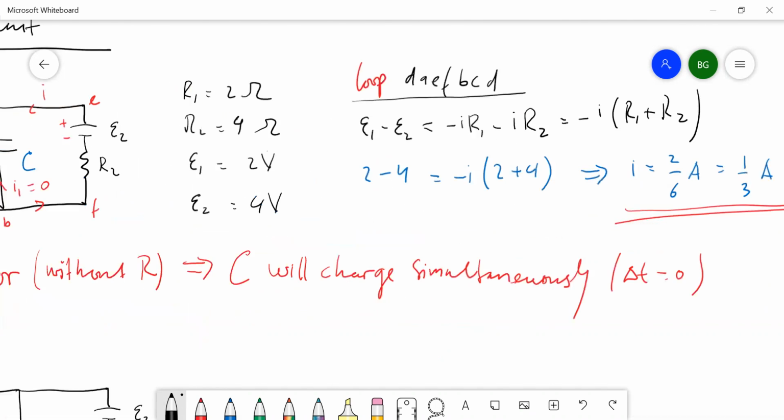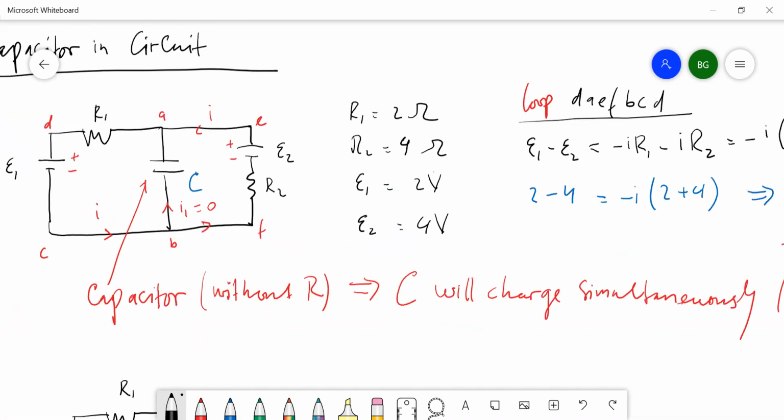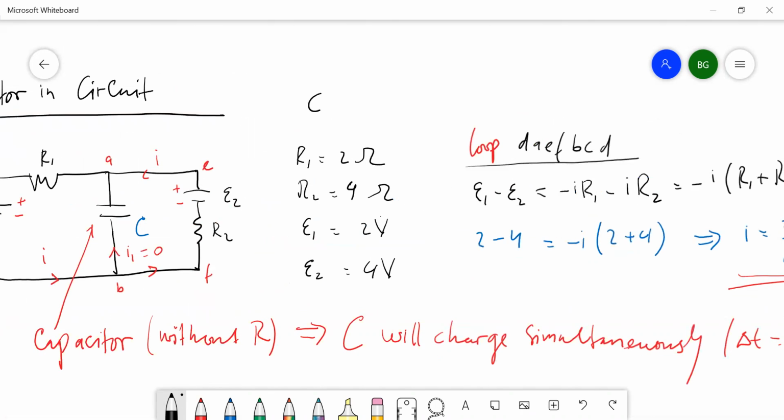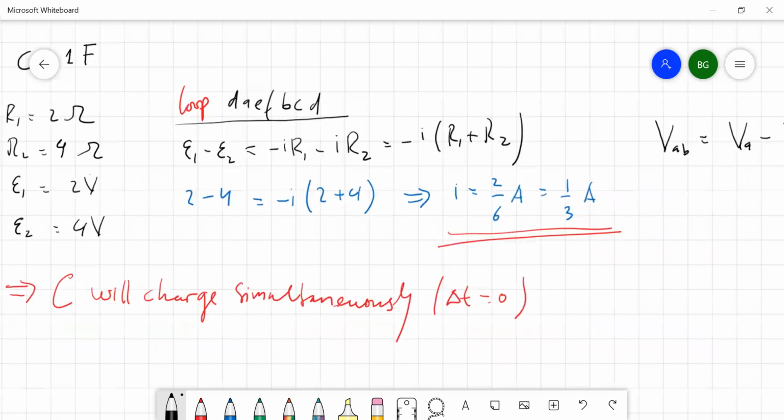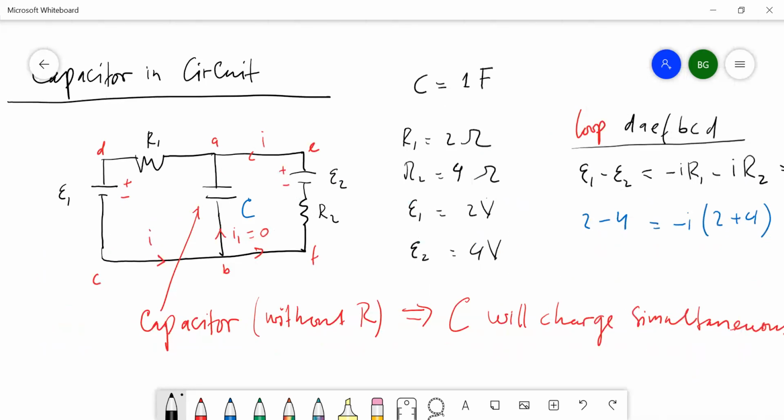Oh, sorry, should be C. Let's say C is 1 farad, okay? Just take this 1 farad. It's a very big capacitance. So what is the potential difference between A and B? In other words, the potential difference in the capacitor.